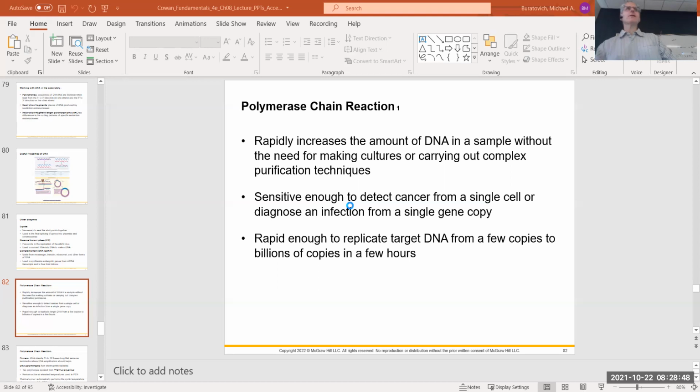So genomics is the study of the genes in an organism. A genome is the collective amount of DNA you have in your cells and all the genes that are in your cells. Proteomics is the study of the proteins that the genome encodes.